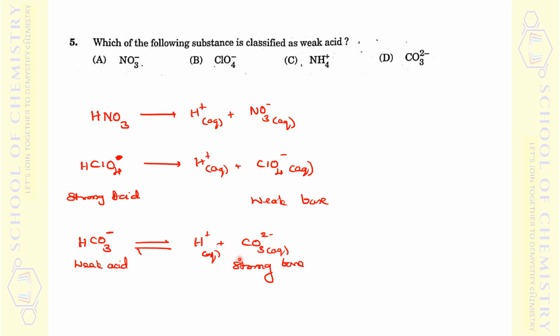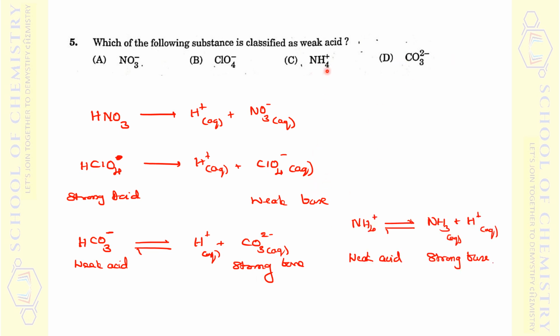It will not undergo dissociation that easily. Relatively, this is a weak acid, and the corresponding conjugate base will be a strong base. Strong in the sense that everything is relative. Considering this to be weak, this is relatively strong. So that's how carbonate cannot be the answer.